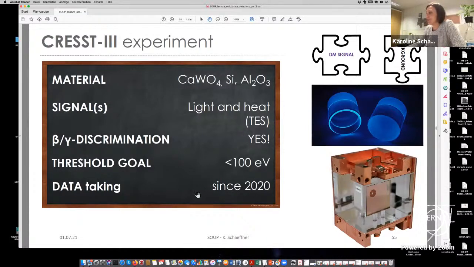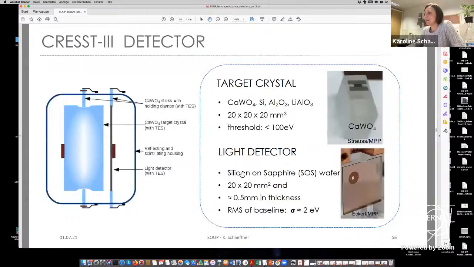The run, which is ongoing at the moment, started in 2020. This is a calcium tungstate crystal showing how it scintillates. These crystals are rather small, 20 by 20 by 20 millimeters, so they weigh less than 30 grams. These are really small detectors.